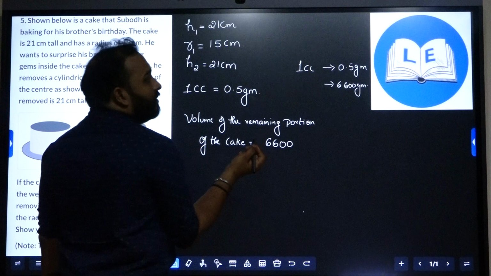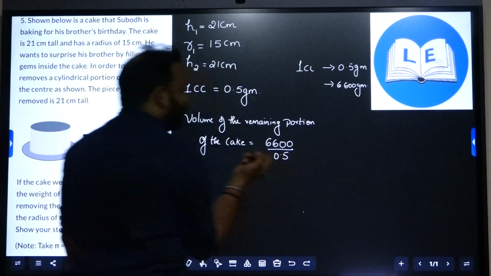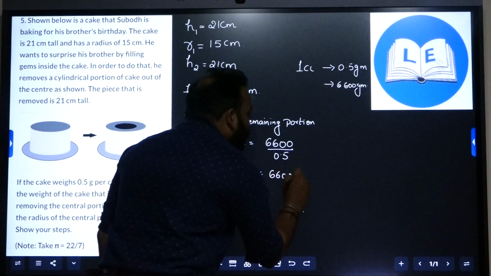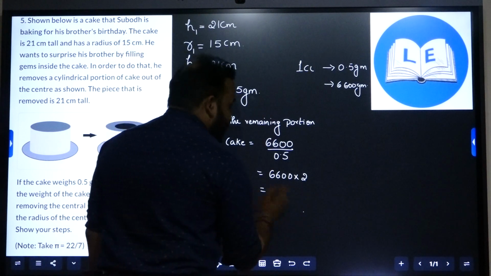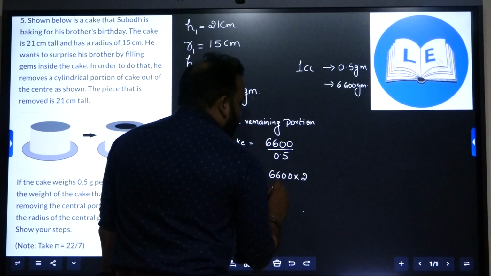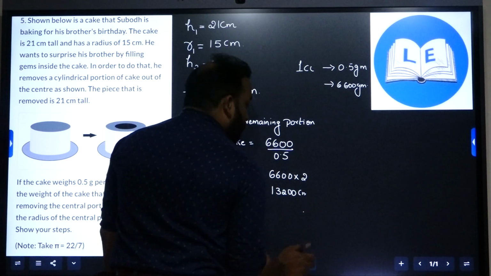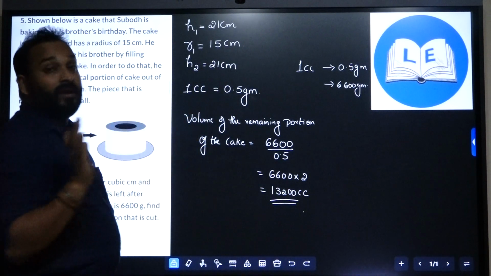Cross multiply. Yes. So you will get 6,600 by 0.5, which you can also write as 6,600 into 2. Why, children? 0.5 is 1 by 2, 2 goes to the numerator. So what do we get here? 13200 centimeter cube, so cubic centimeter, we'll write cc here. This is the volume of the remaining part of the cake.